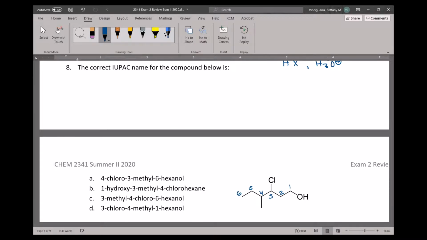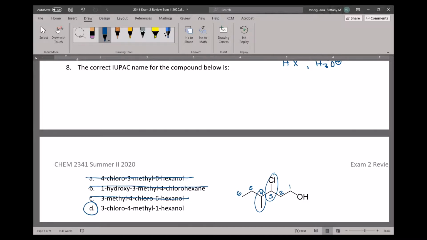So you could already go through and you have this 3-chloro-4-methyl thing. Go ahead and get rid of anything that doesn't say 3-chloro and 4-methyl. So we have 4-chloro-3-methyl. That's not right. 3-methyl-4-chloro. That's also not right. 3-chloro-4-methyl. So I only gave one option that had the correct numbering scheme.